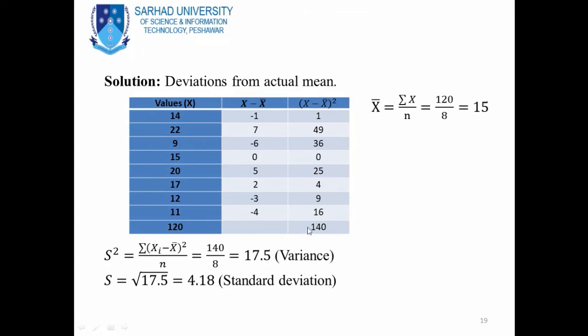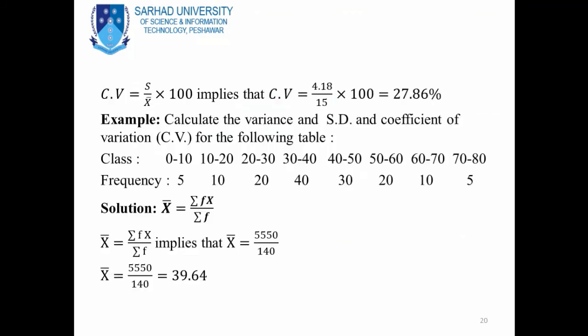Now the sigma of this column, sigma (xi minus x bar) whole square divided by n, 140 divided by 8. So the variance for this sample is equal to 17.5. And now the standard deviation, taking square root on both sides, the standard deviation is 4.18. This is the standard deviation for the sample data in ungrouped form.